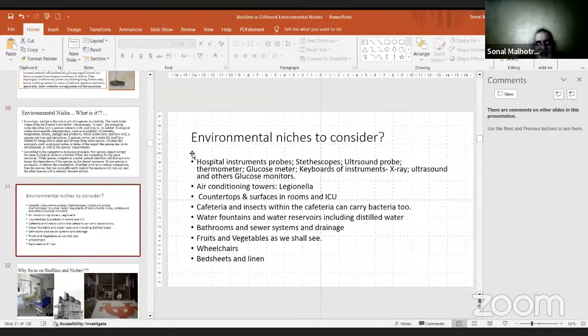Why should we consider these? Hospital instrument probes, for instance: stethoscopes, ultrasound probes, thermometers, glucose meters, keyboards of instruments, X-ray machines, and other glucose monitors. If you have ever visited a hospital and had the unfortunate event of being hospitalized, you will find that you have to be tested by X-ray or some other machine comes to test you for ultrasound.